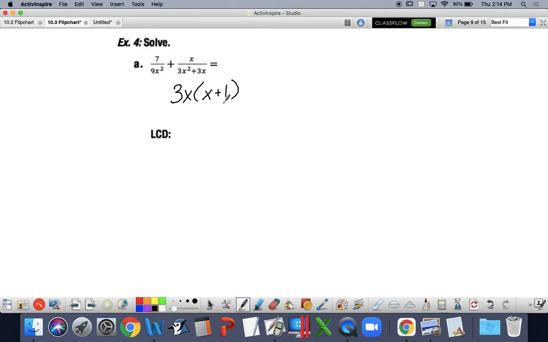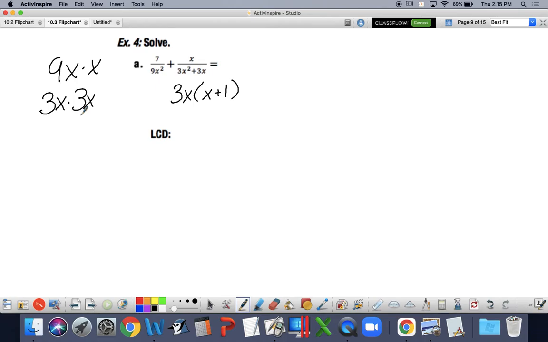Now this one, how can I rewrite 9x squared to see what's common already with this one? A different way. I could make this 9x times x. Or, how about 3x times 3x?